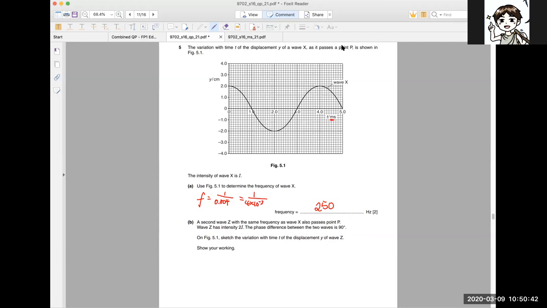Do you still remember the relation between the intensity and the amplitude? Intensity is proportional to amplitude squared.